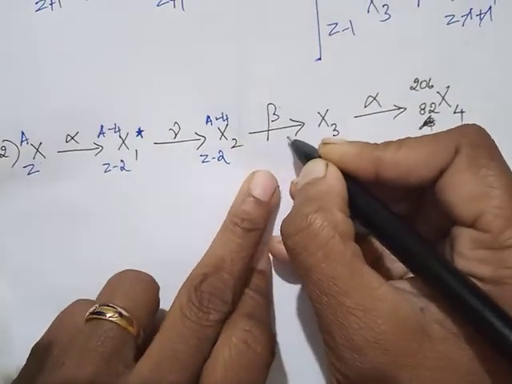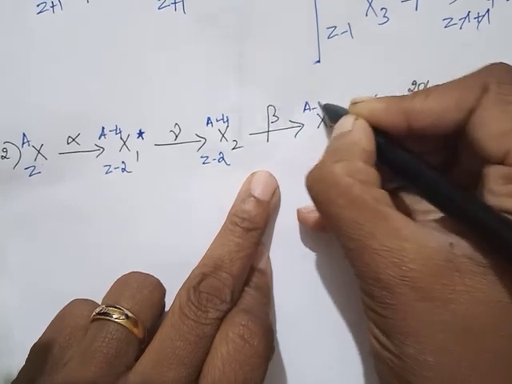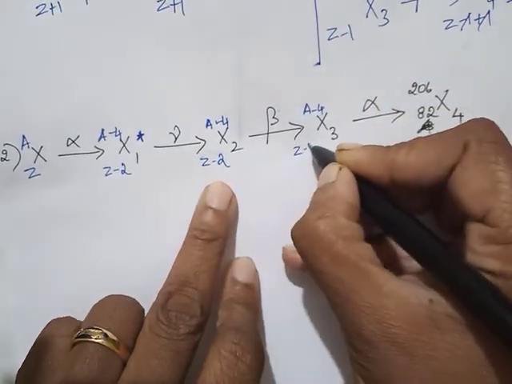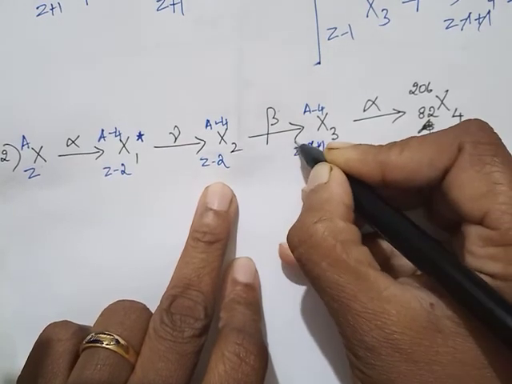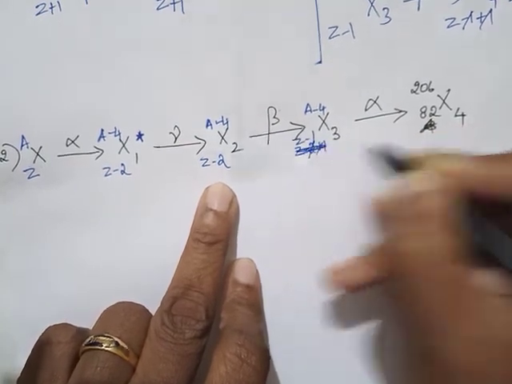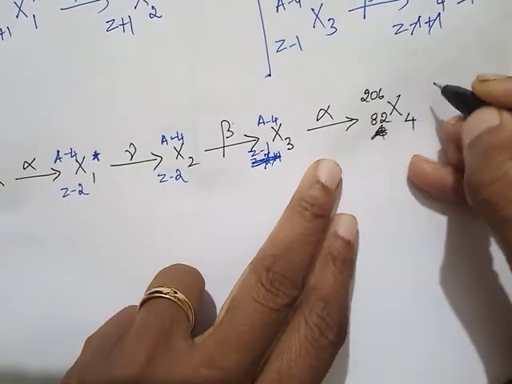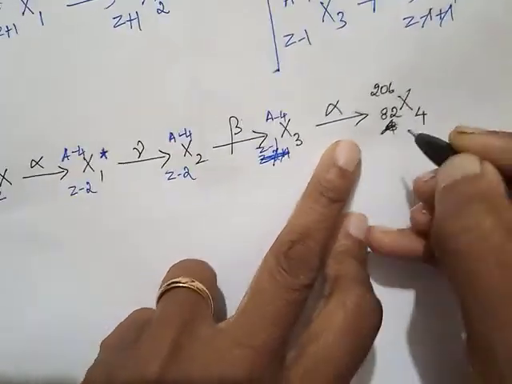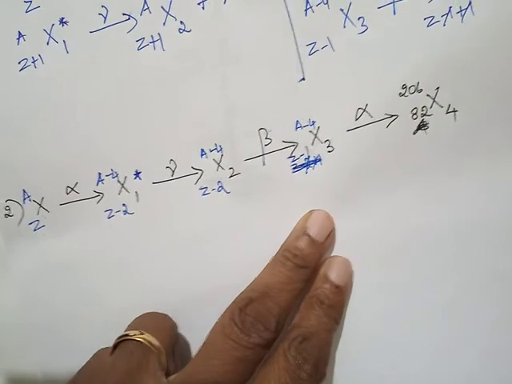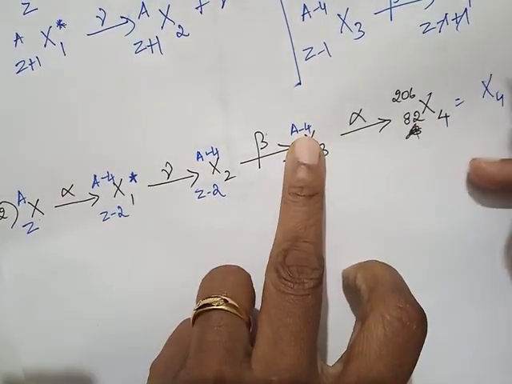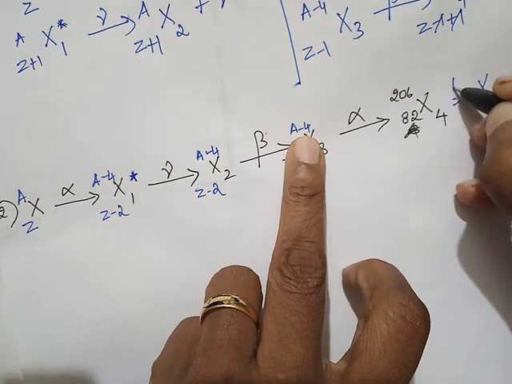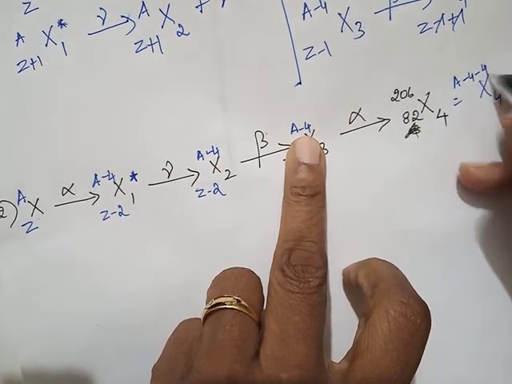Then it's emitting beta: mass number won't change, atomic number increases by 1, that is Z minus 1. Then it is giving one alpha. So this is what is given. X4, A minus 4 minus 4.